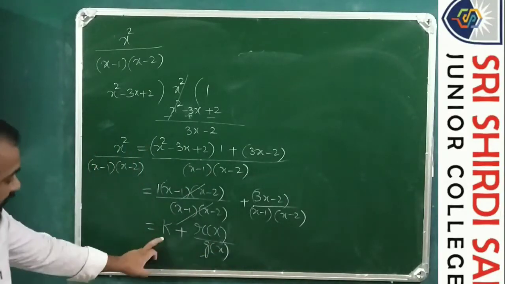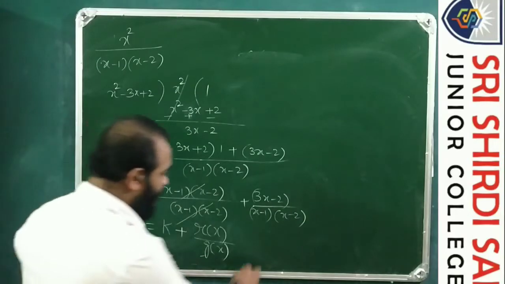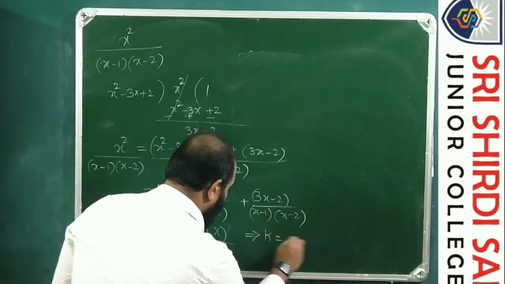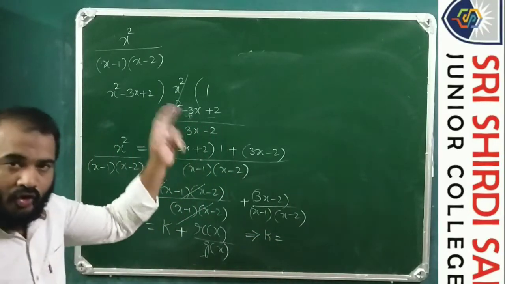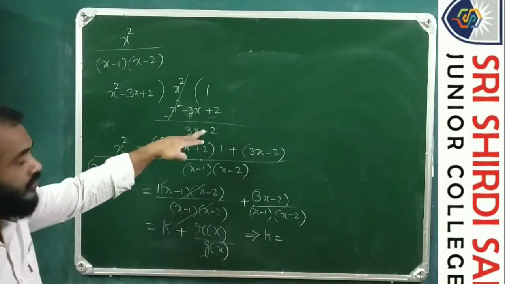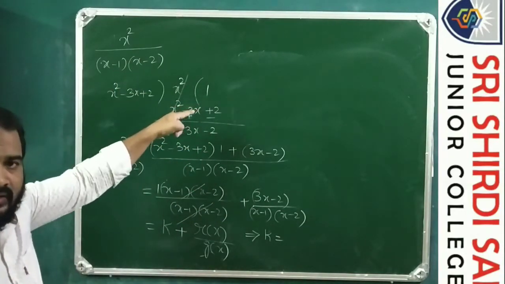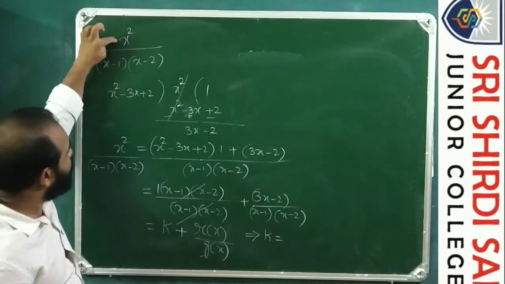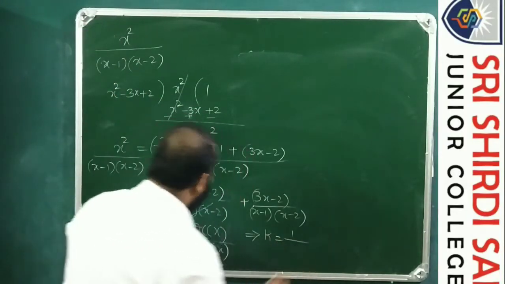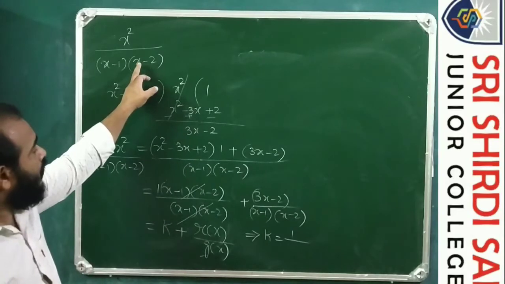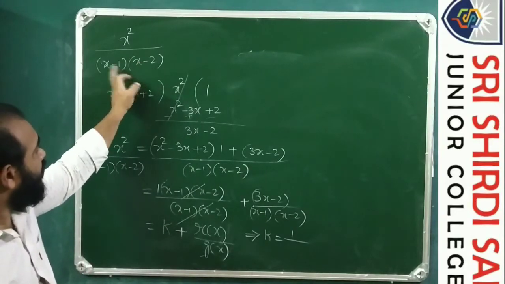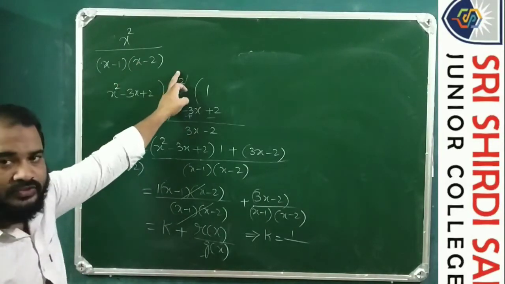So this k is nothing but the coefficient of the highest degree term in the numerator. The x square coefficient is 1 here, by the x square coefficient here in x square minus 3x plus 2.